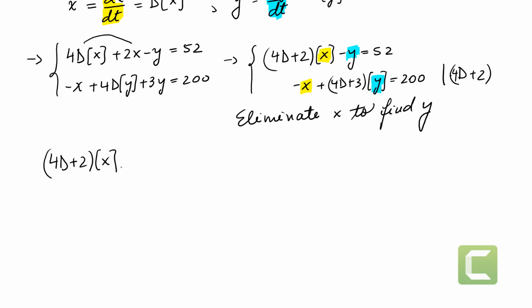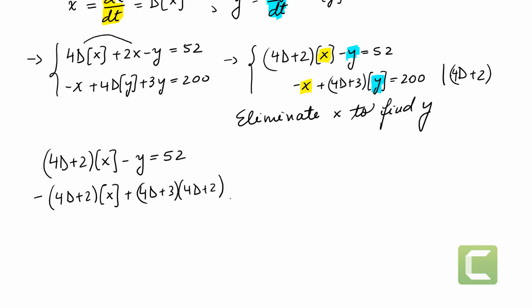We are using the same procedure as we did in college algebra when we were eliminating, only this time we are applying an operator. (4D plus 2) applied to x plus (4D plus 3) times (4D plus 2). It's commutative, so I can put them like that for this specific case.